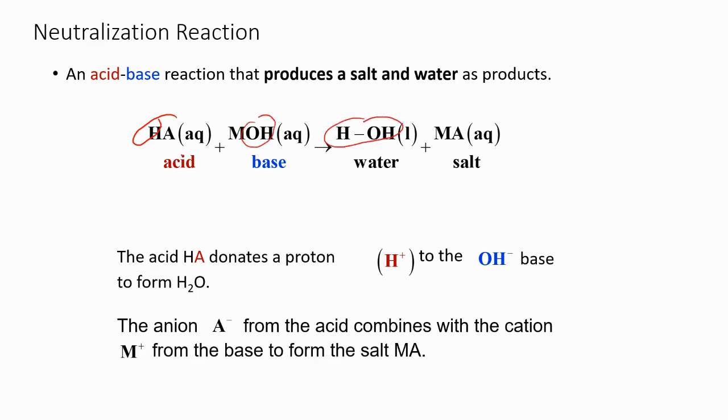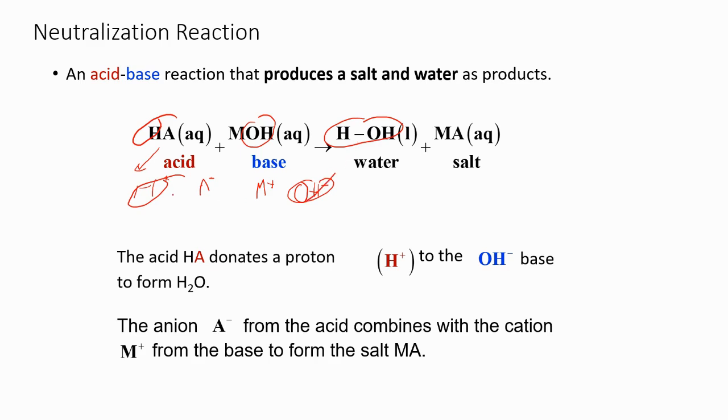So remember, our acid splits into H plus and A minus. So we have our proton and our conjugate base. The base is going to split into the metal cation and the hydroxide. And then the H plus and OH minus give us this water.